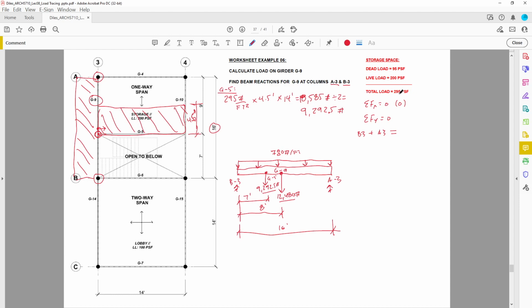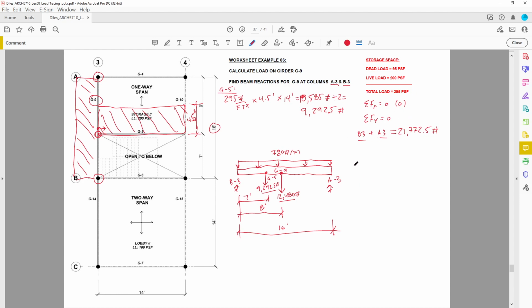That gives us a total of 21,772.5 pounds. That B3 plus A3 have to equal that, right?